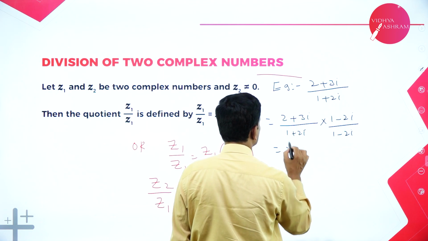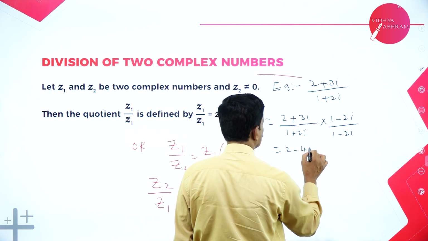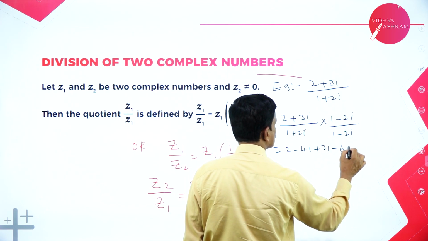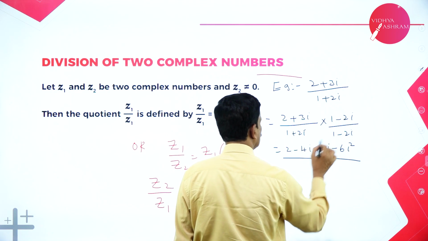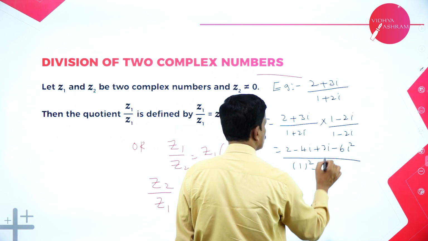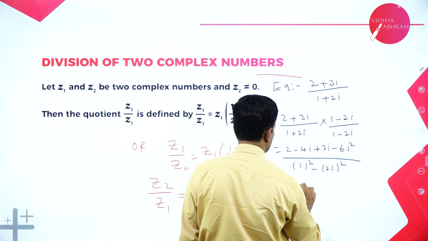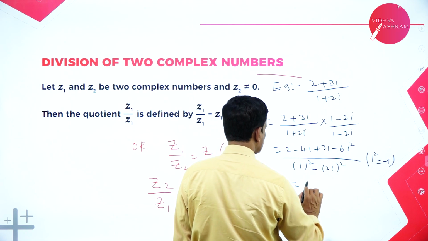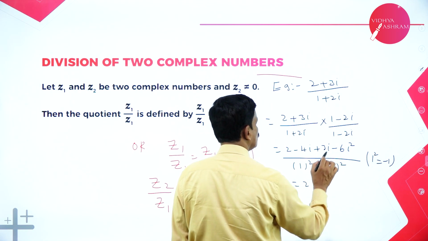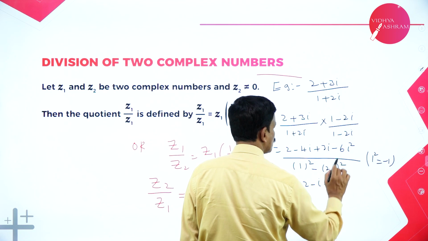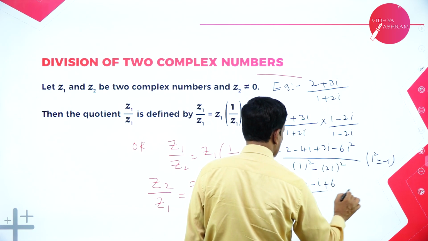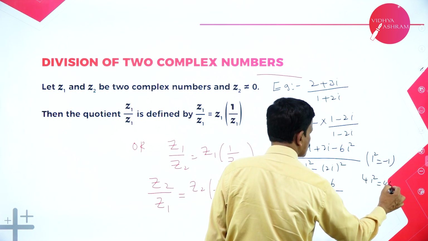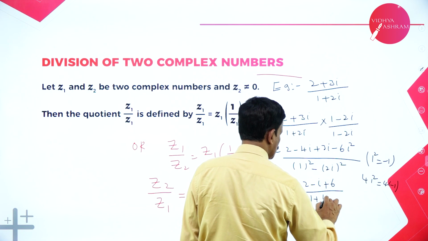Multiply: 2 into 1 is 2. Again minus 2 into 2 is 4i. Again plus 3 into 1 is 3i. Minus 3 twos are 6, i into i is i square, divided by 1 into 1 is 1 square, plus into minus is minus, this is 2i whole square. Since i square is equal to minus 1, substitute here: this is 2, minus 4i plus 3i is minus i, and i square is minus 1, minus into minus becomes plus 6. 1 square is 1, and 4i square, 4 into i square is minus 1, minus into minus becomes plus 4.